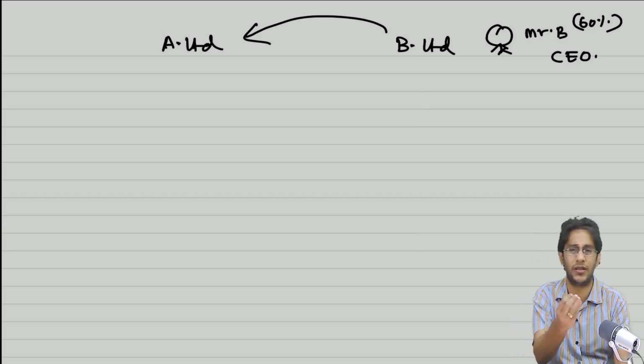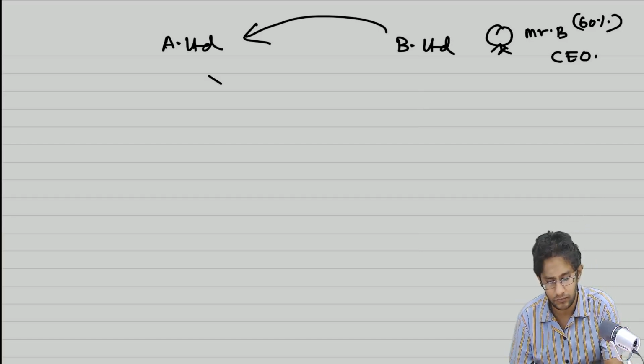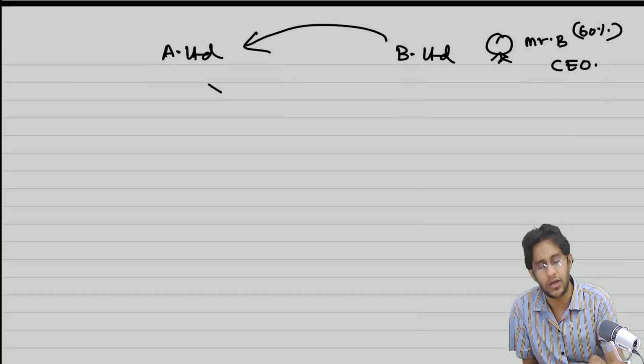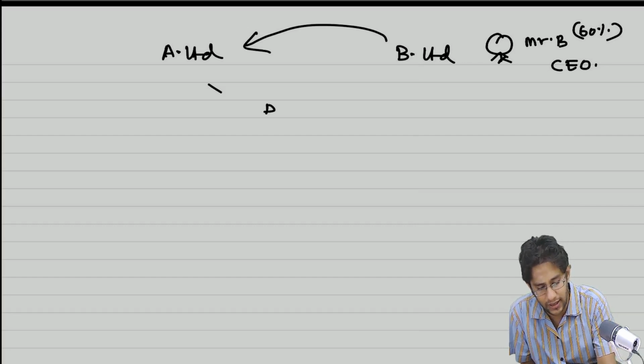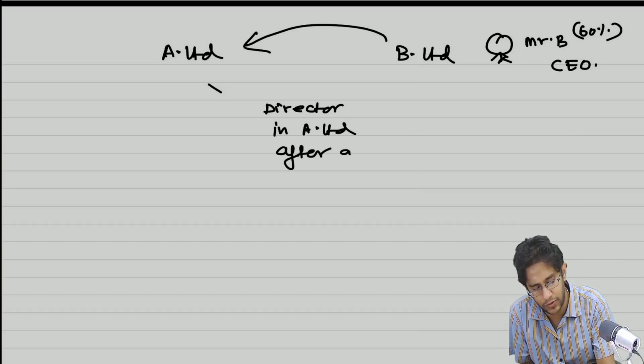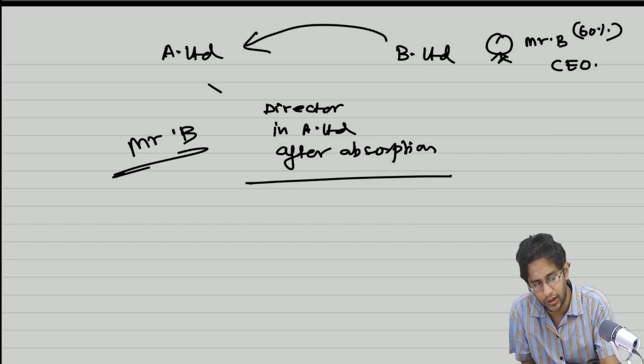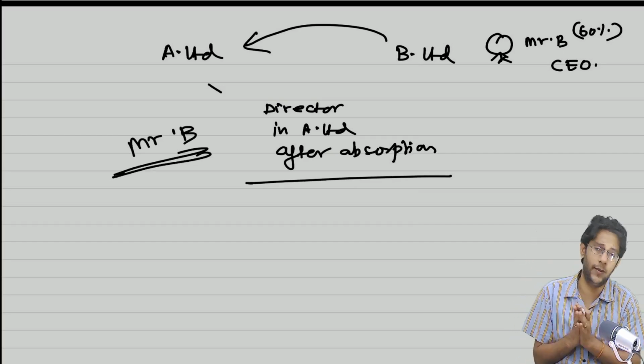So we paid some consideration to this person because he is a shareholder. But what we asked is, Mr. B, you continue as a director in A Limited after the absorption. So Mr. B will continue as a director in A Limited after absorption.